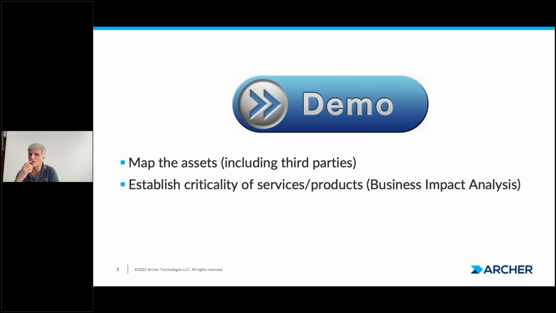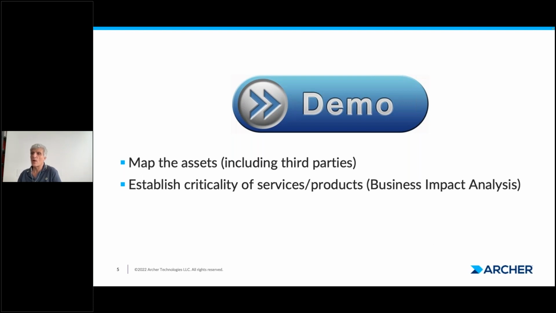The next one is, as Jana said earlier, we need to establish and understand the criticality of the services and the products. Services and products are what the organization delivers, so we are interested in understanding to what extent a threat can affect the delivery of those digital services.